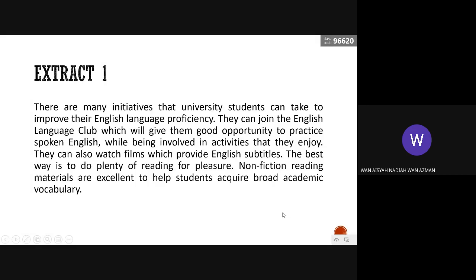Can you identify which one is the topic sentence? Anyone?